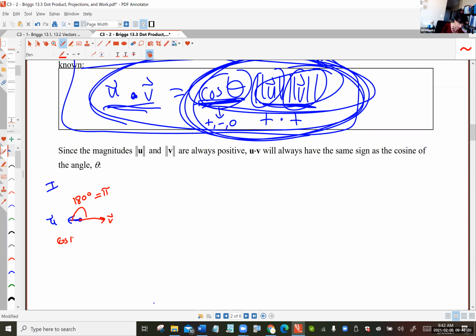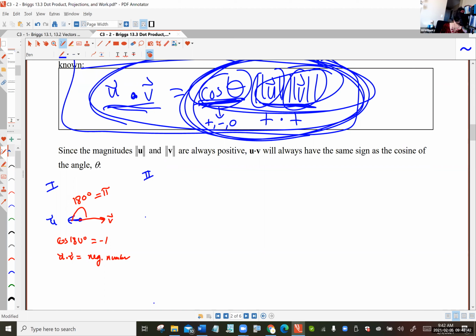But what is cosine of 180 degrees? I believe it's -1. So that would mean u dot v would equal some negative number. What negative number? Well, that depends on the lengths. Okay, so that's case 1. That could happen if the two vectors are pointing in opposite directions. What's case 2?